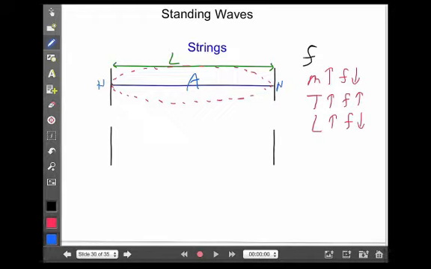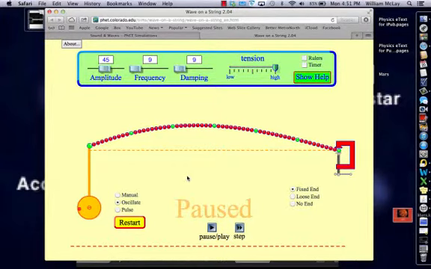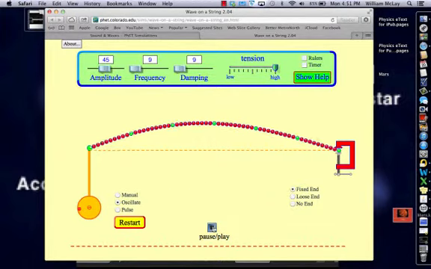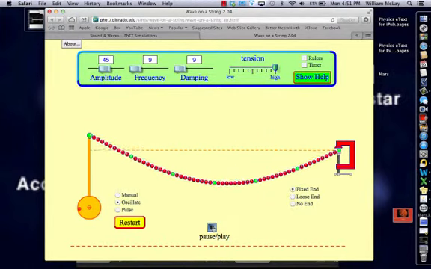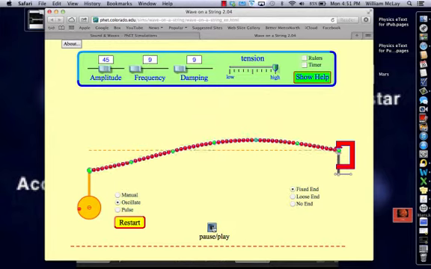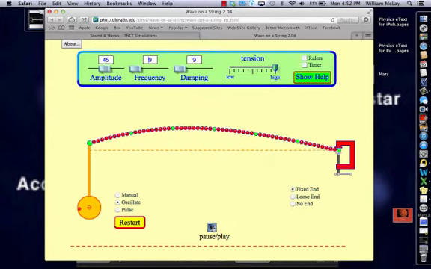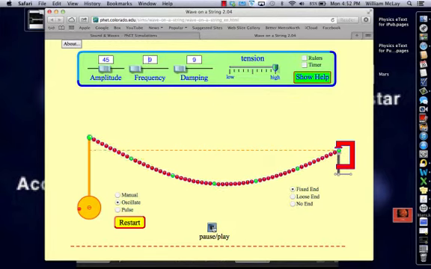Okay? But one of the interesting things that you can do is if you alter the way in which the string is being vibrated, you can change the physical look of that string. Let's look at an example here. As the string vibrates, you'll notice that we have sort of the two nodes at the end and the one antinode at the middle.